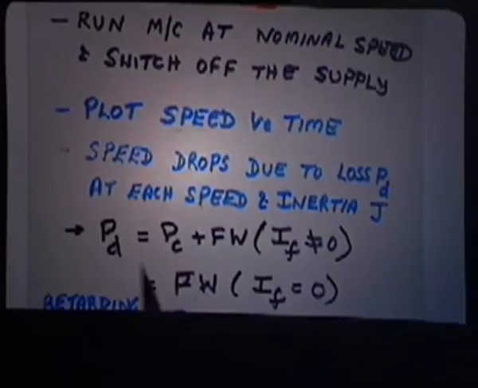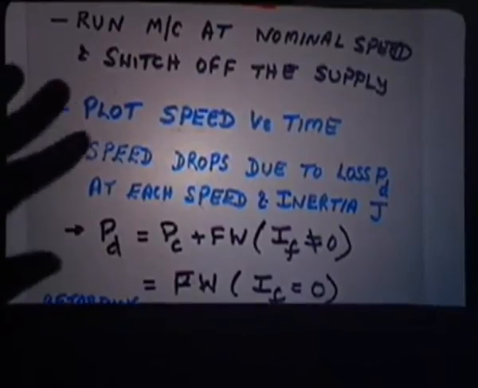So we have two scenarios of losses, and the time that is taken if you have the field current or if you do not have the field current will naturally be different, because losses will be different at different speeds.